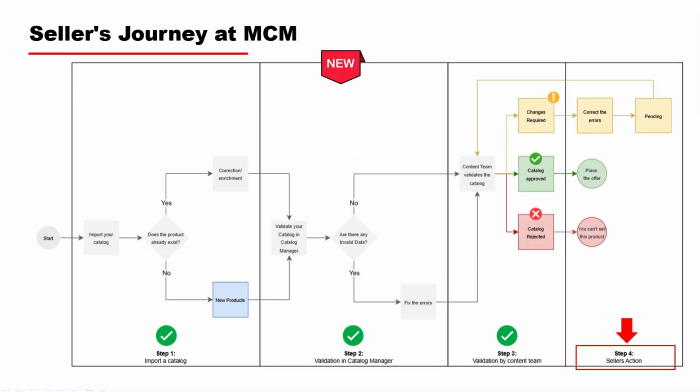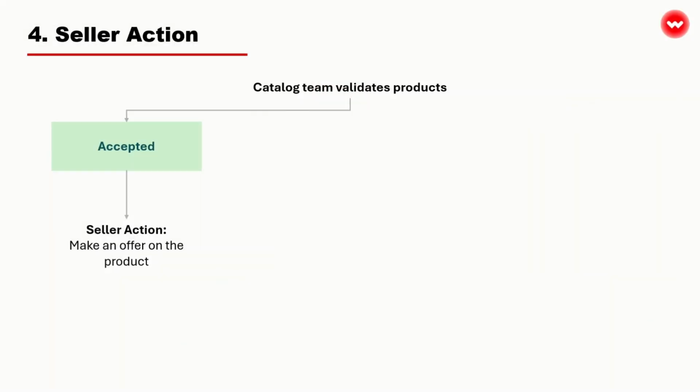In other words, depending on the status decided by the content team, you, the seller, will have a specific action to take. If the product is accepted, it's ready, and your action is to create an offer for that product. If the status is changes required, you will need to update the information according to the feedback provided and re-import the file.